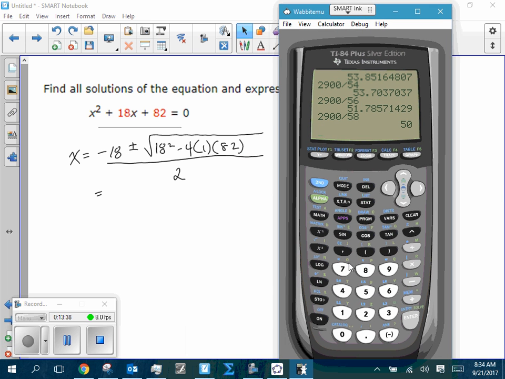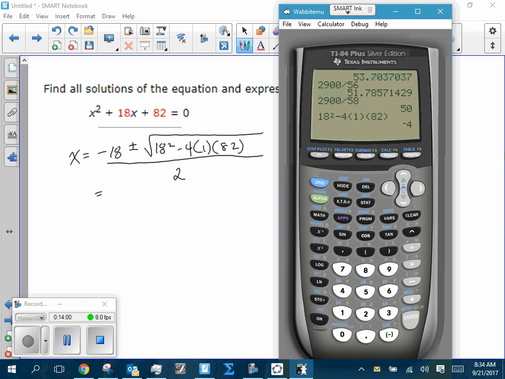I'm just going to do the radicand here, the discriminant. So 18 squared minus 4 times 1 times 82. And my discriminant becomes negative 4.